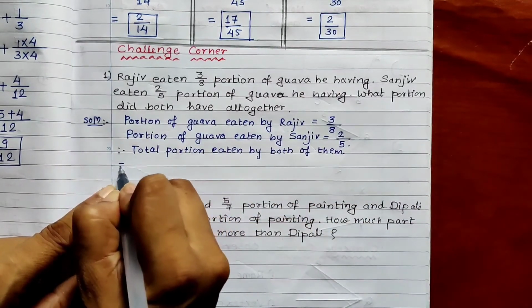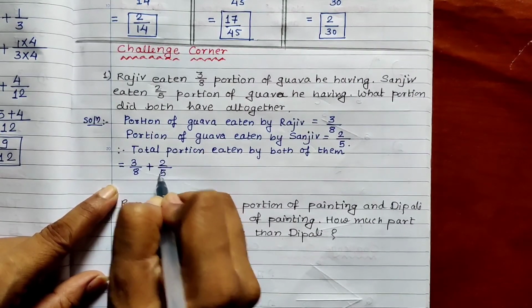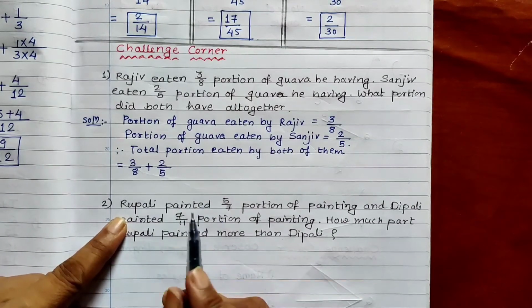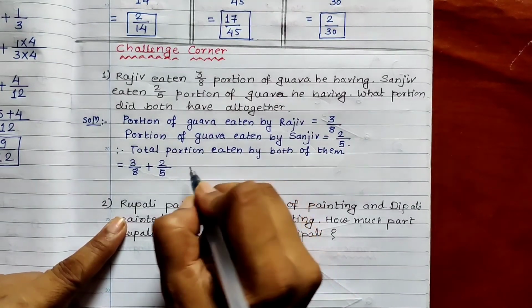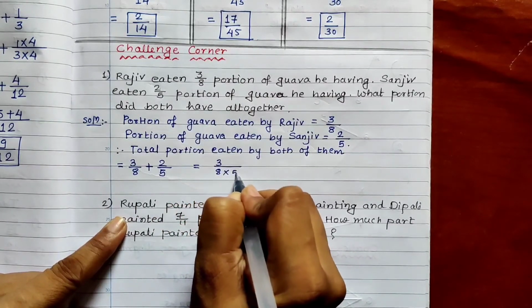We have to add 3 upon 8 plus 2 upon 5. While adding, we have to see that the denominators should be equal. We have to make them like fractions. So how to make them like fractions? 3 upon 8 multiply by 5.